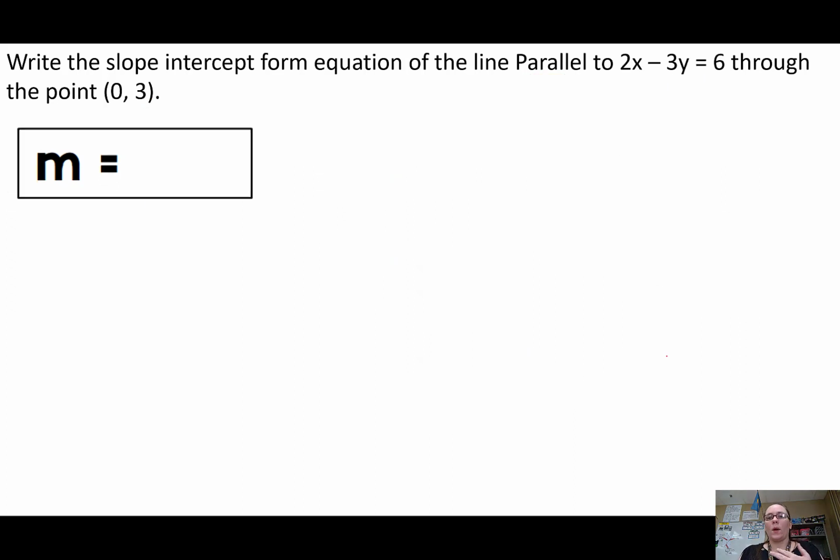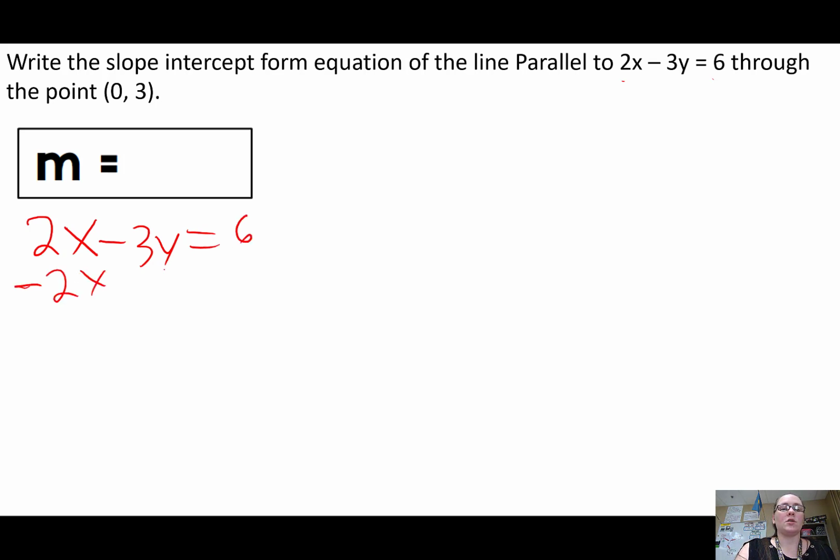All right, we're going to look at one more. So I want to write the equation that's parallel to 2x minus 3y equal to 6. First thing, I need to figure out the slope. This here is not in slope-intercept, so I can't just pick out the slope. So we're going to start by changing that to slope-intercept. So we get 2x minus 3y equals 6.